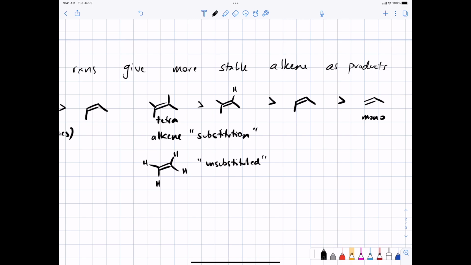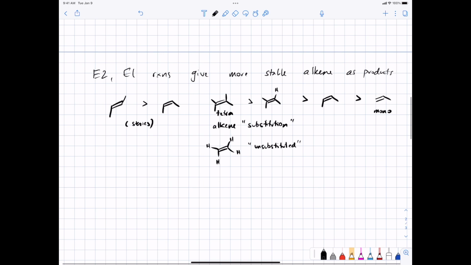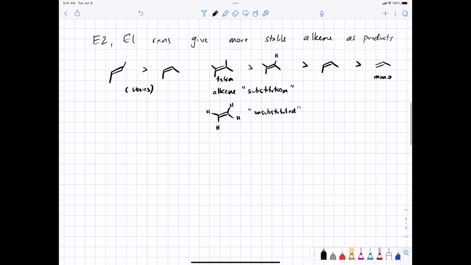That was fast. All right, it's going to try to think for a while and generate what the orbitals look like. So we can talk briefly about what makes more substituted alkenes more stable.